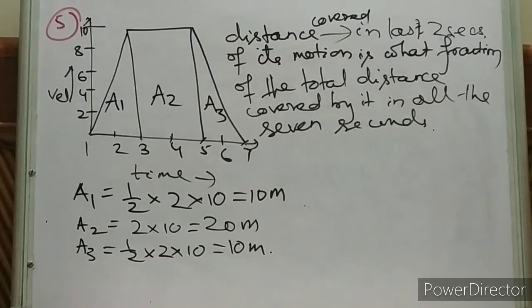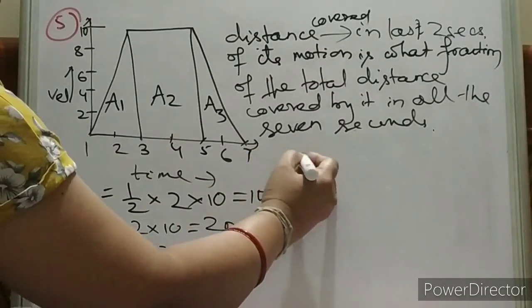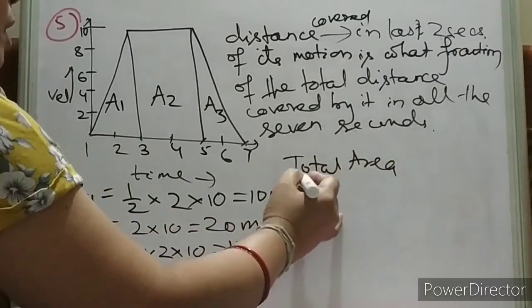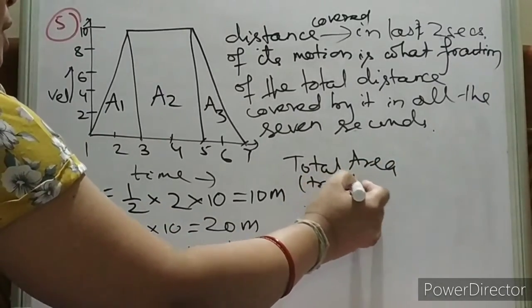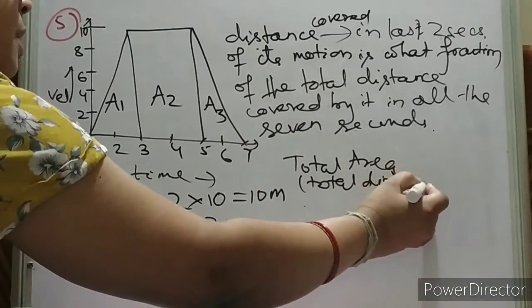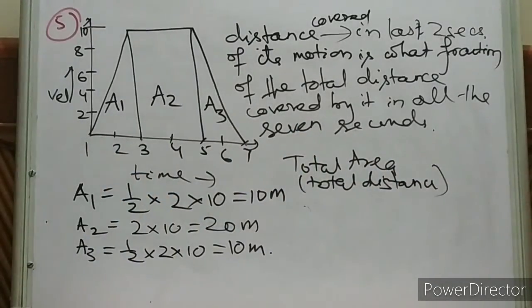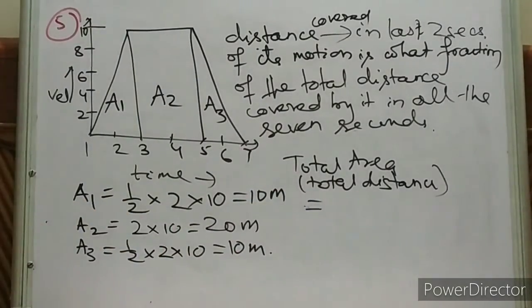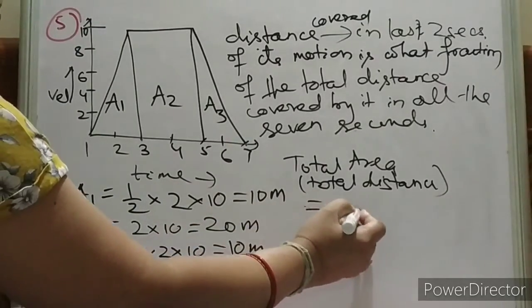What is then the total area, the total distance covered in all the 7 seconds? That is A1 plus A2 plus A3. So 10 plus 20 plus 10. So it is how much? 40 meter.